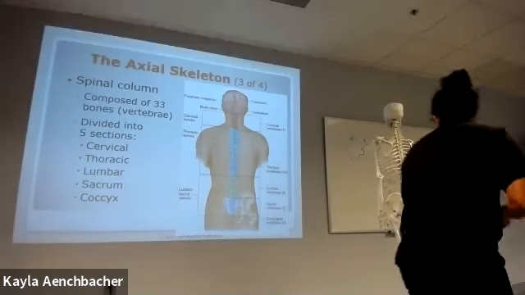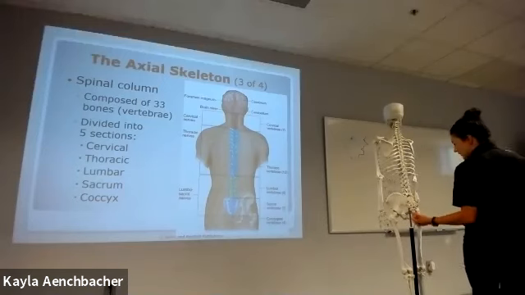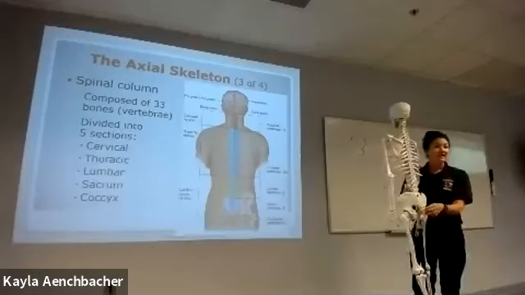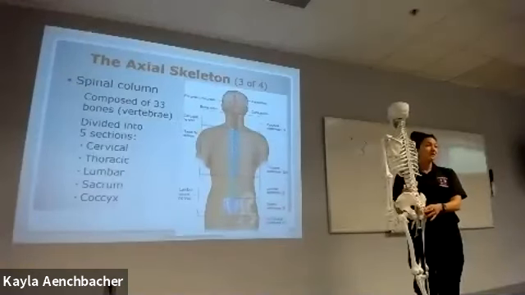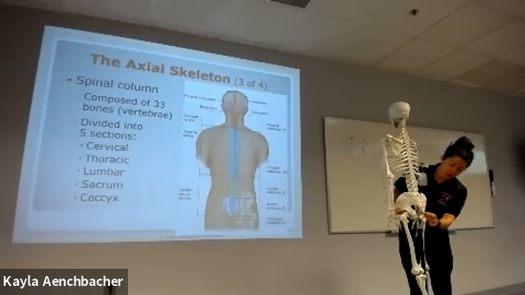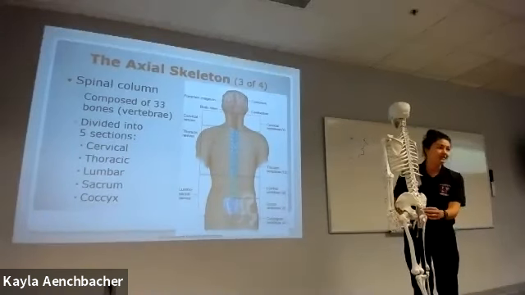And then we have our little guy down here, our coccyx. If you hear anybody who breaks their tailbone, it's this guy down here. These are fused together, but the connection between the sacrum and the coccyx is not super durable and strong.